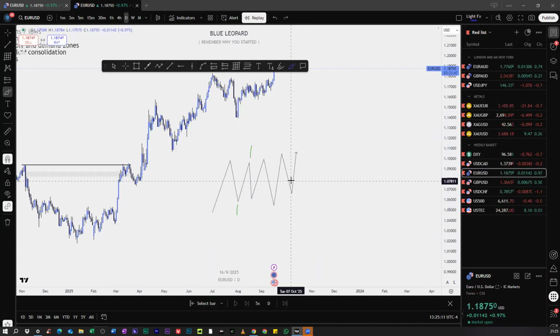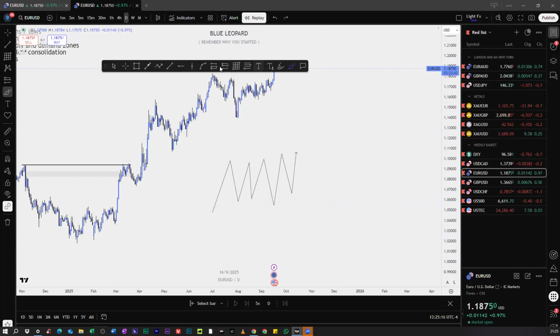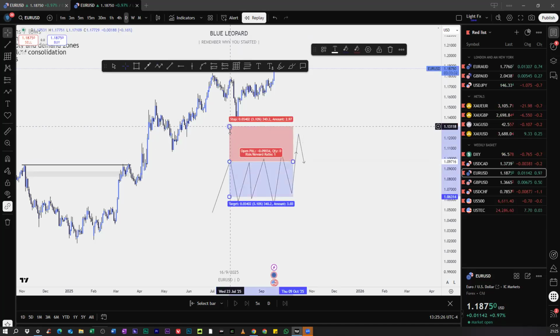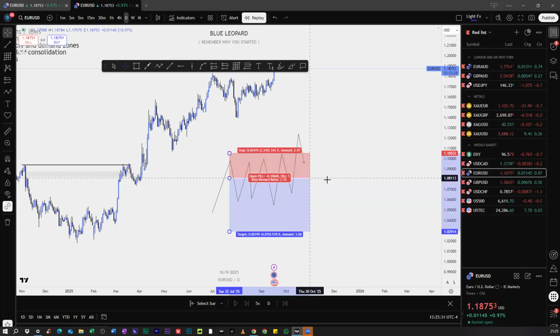All of them are trapped in this zone. They don't know where price is going. And at some point, price will just get out of here and take everyone out who had their stop losses here. Someone who had a stop loss like this, selling here, is now out.